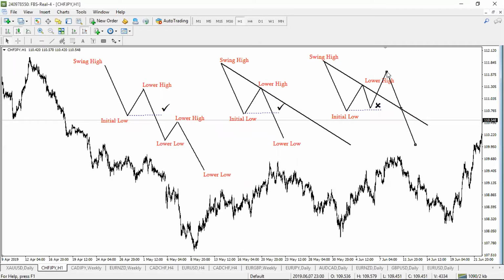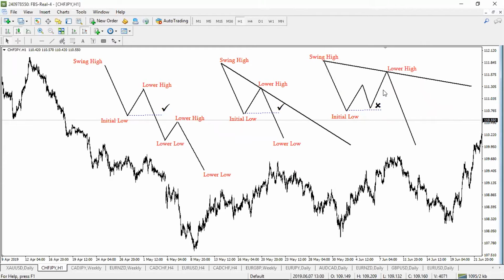Your trend line is here. So your trend line is going like that. It's still bearish. This is an impulse. This is a correction, and then this is another impulse. It's a lower high because it didn't go above this high. It's a trend.